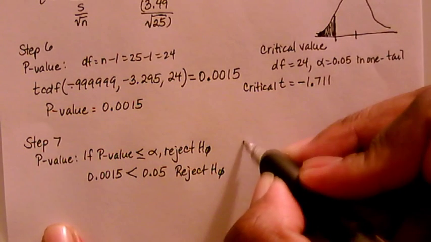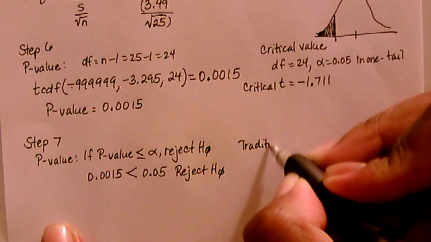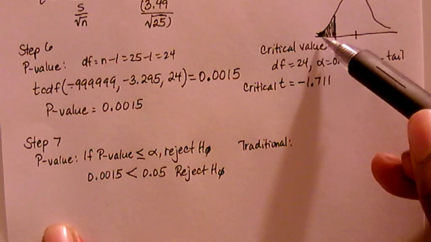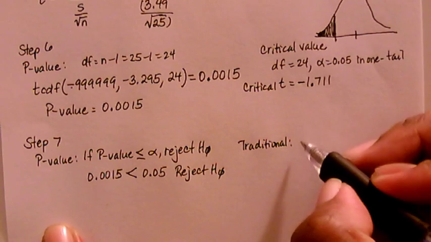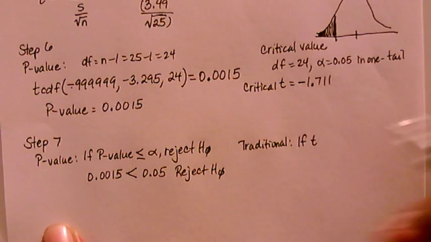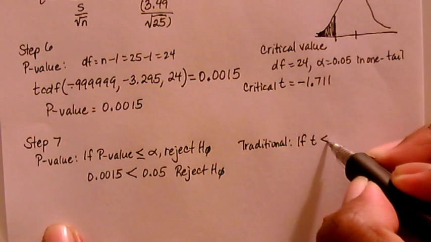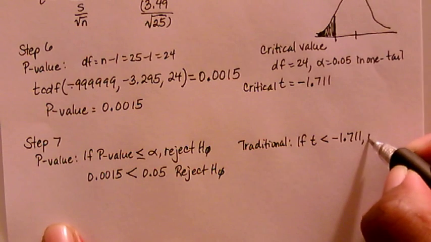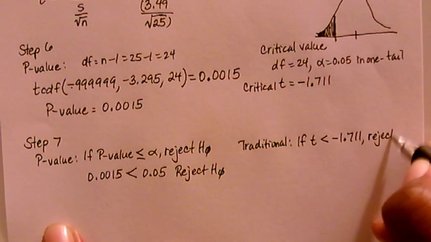Okay, now for the traditional method, since our shaded area is to the left of the critical value, that means this: if your test statistic is less than your critical value of negative 1.711, you reject the null.